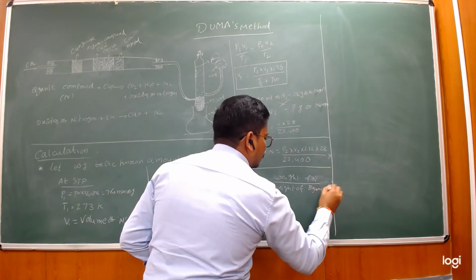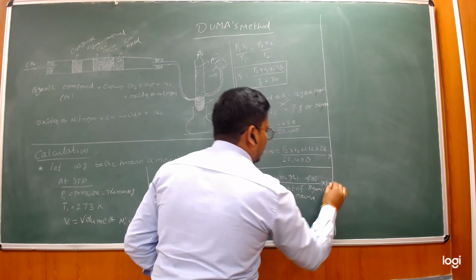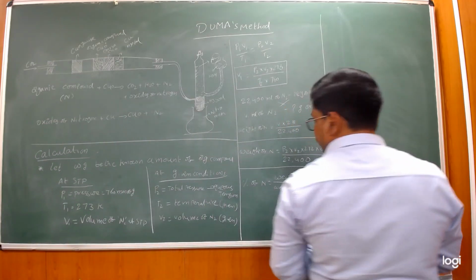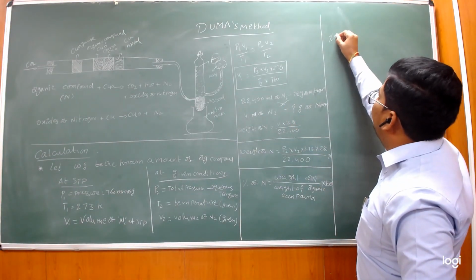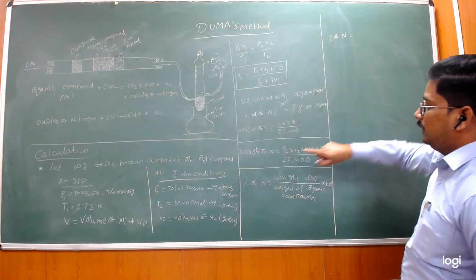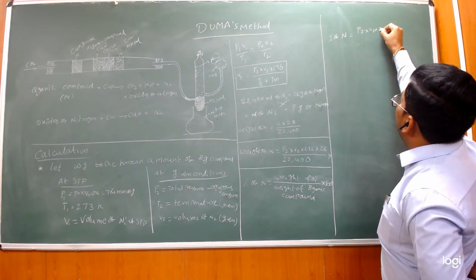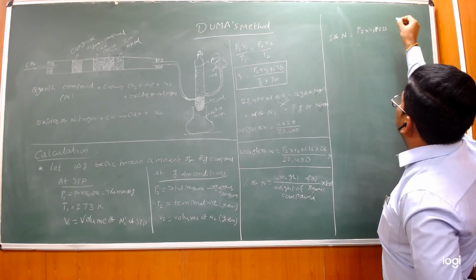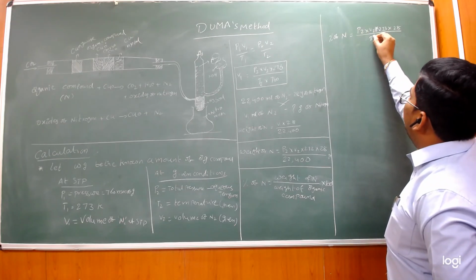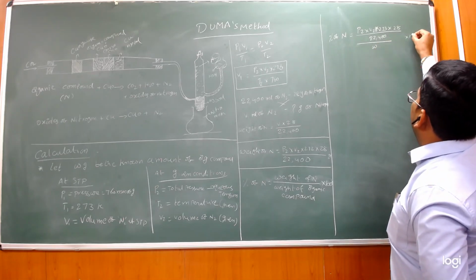So substitute this weight of nitrogen here. So percentage of nitrogen is equal to weight of N, that means P2 into V2 into 273 into 28 divided by 22,400, divided by W grams into 100.